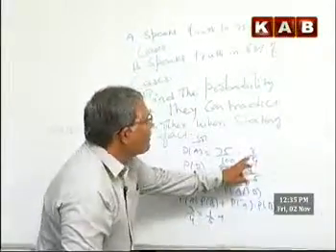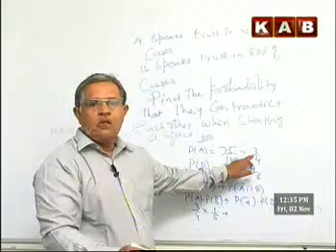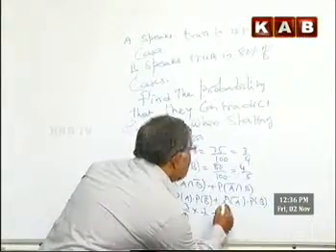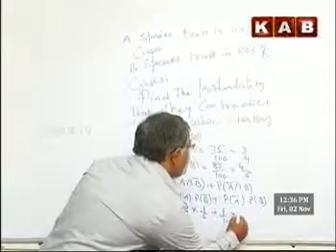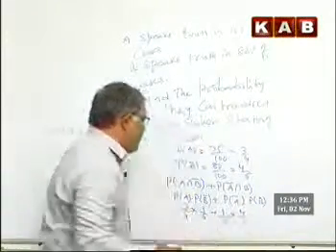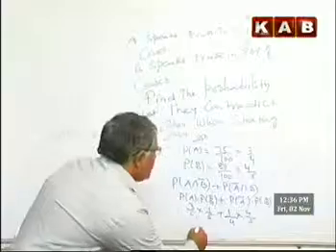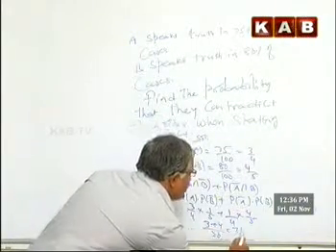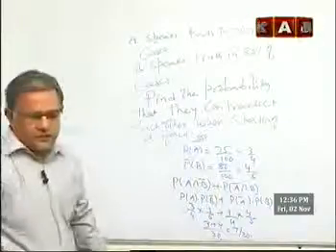Probability of A bar will be 1 by 4 into probability of B 4 by 5. So this is nothing but 3 plus 4 by 20, which is equal to 7 by 20.